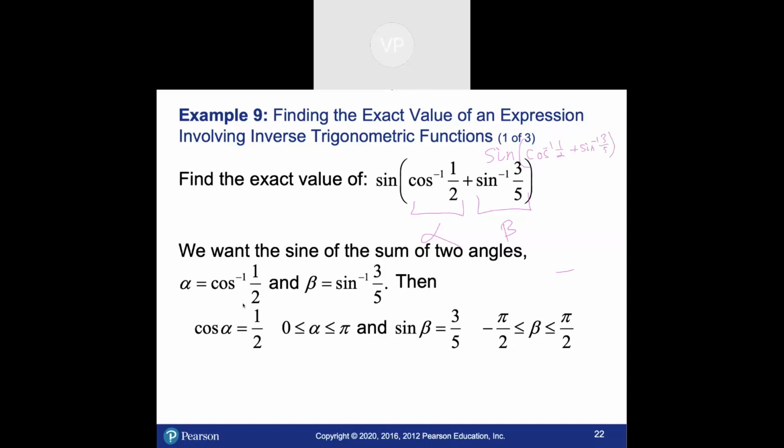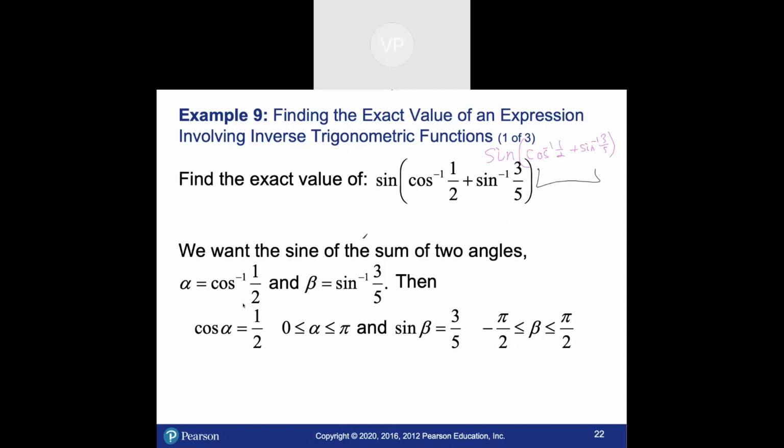Now I want to point out that these are different angles. We always assume they're different angles. Whenever you see an inverse trig function, it represents an angle. If you see another one in the same problem, you must assume it's representing its own angle. Even if these were both inverse cosines, that means nothing. Even if one was inverse sine and one was inverse cosine, but they had the same number inside, they're going to be different angles, okay?